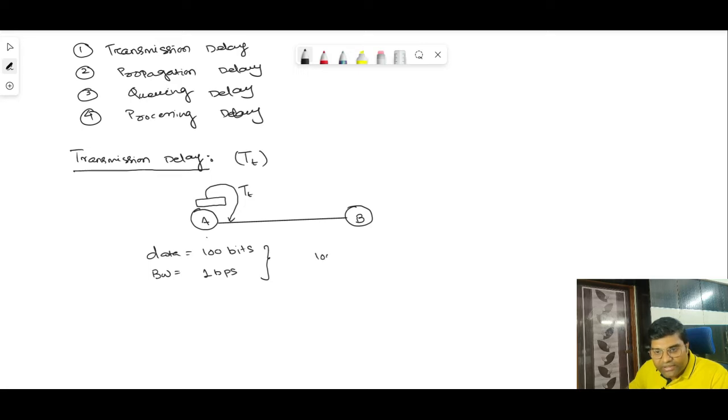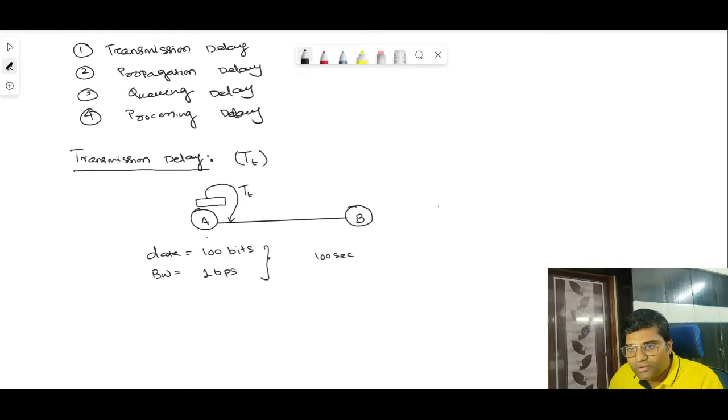Obviously it is 100 seconds. So this is what the transmission delay is. Length is normally considered in bits and bandwidth is in bits per second, correct?